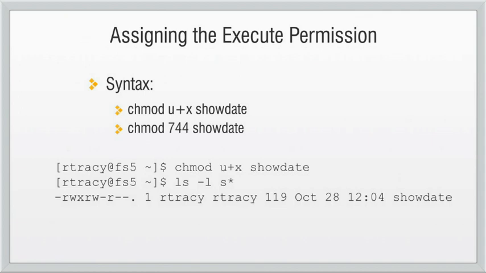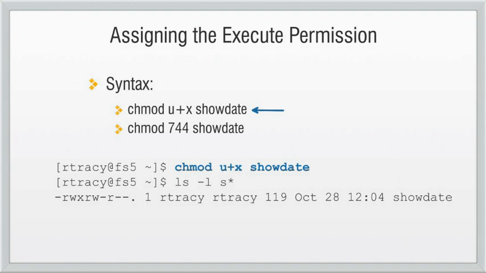For example, let's suppose that I only care about allowing myself, the script file owner, to execute it. To do this, all I have to do is add the execute permission to the owning user. And I could use this command to accomplish this. I enter chmod u, which stands for user or the file owner, plus x. That tells chmod to add the execute permission to the owner.